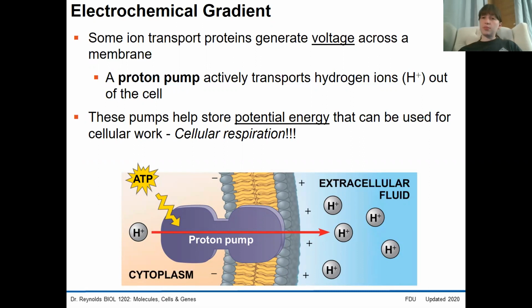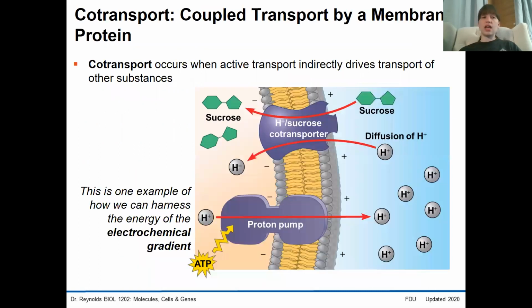These pumps help to store potential energy that the cell can use to do work because they've created this electrochemical gradient. We can also harness this electrochemical gradient's potential energy by doing something known as co-transport.